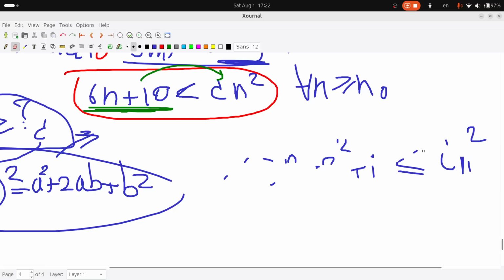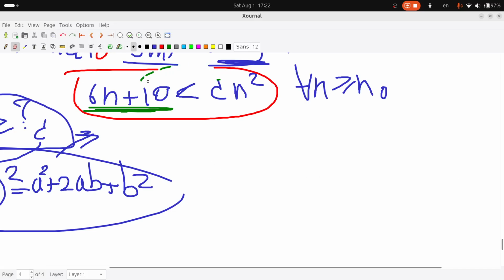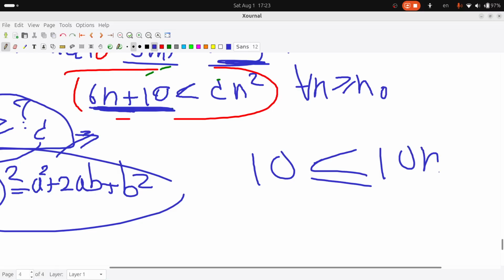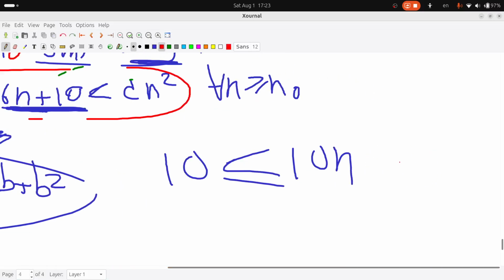So what can we do? Again, we can try to combine these two equations into the same one. We can write 10 is less than or equal to 10n, right? And for all n, the starting point should be 1.